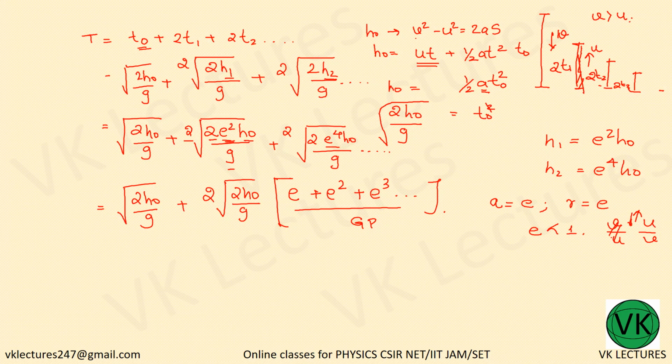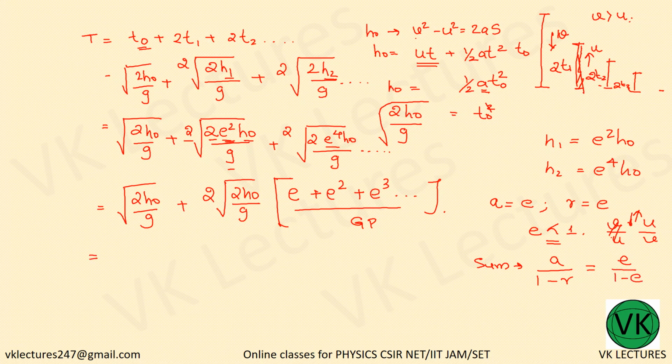Okay, so since it is always less than 1, we can use the formula for summation. The sum of infinite terms is equal to a divided by 1 minus r. So here a equal to e and r is equal to e, so it will be e divided by 1 minus e.